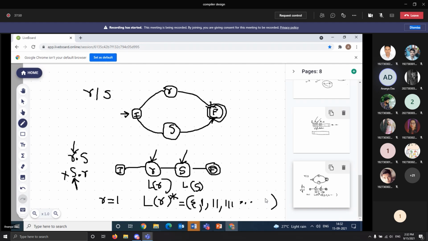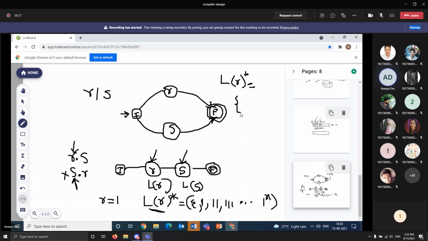Dot dot dot, 1 to the power n. So all are allowed. In this LR star, you include null also. Similarly, if you write LR positive, it is almost similar to this set which I have just mentioned, but here the epsilon will be removed.